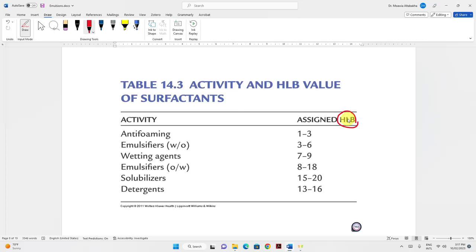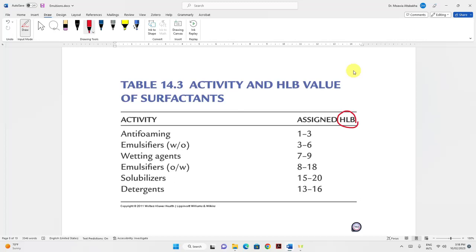Let me just explain something. All surfactants, why do they go to the surface? The reason they like to go to the surface, for example, between globules of internal phase and the external phase, or between the surface of a liquid and air, is that they like both phases. They will like, for example, oil and water.